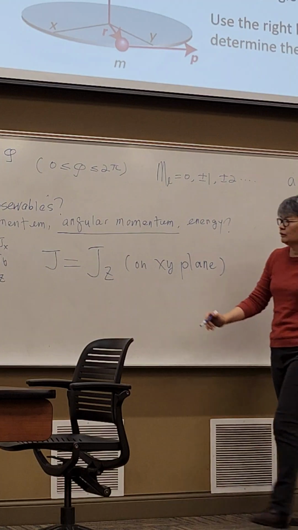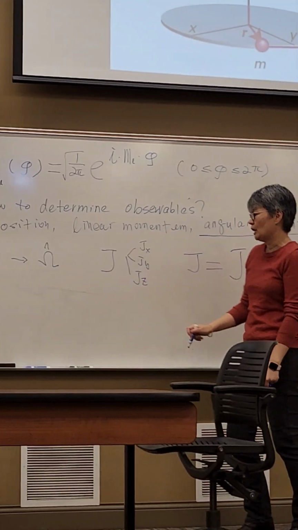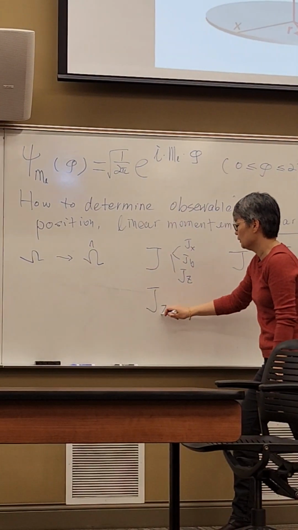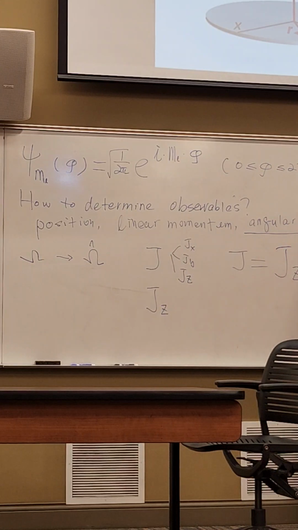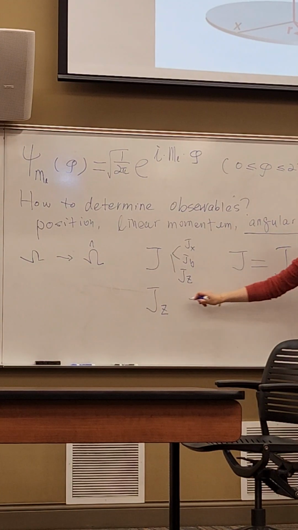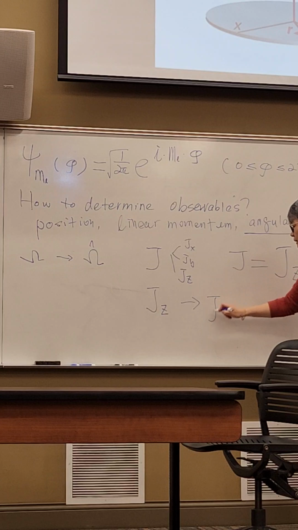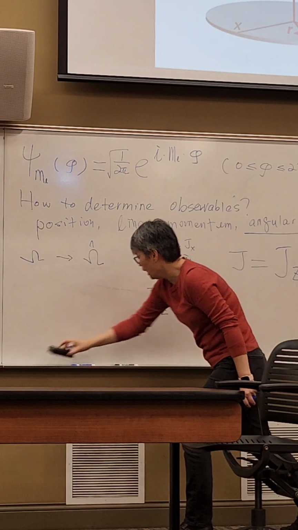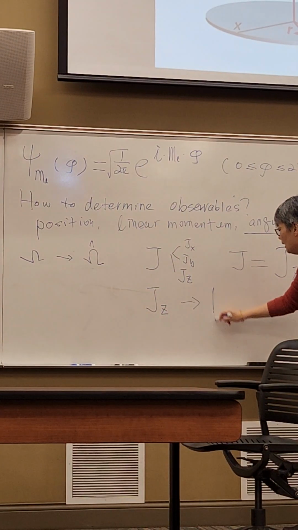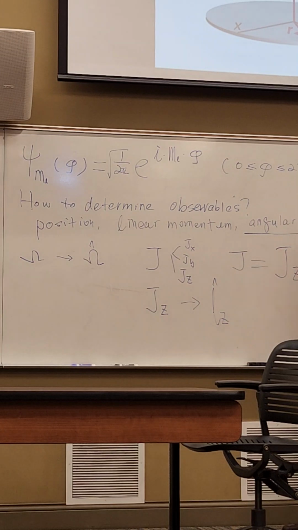Now, we want to know the J. Now we're really reduced to how we're going to calculate J sub z. So we need to generate the operator for that angular momentum in the z-axis. Okay, now what is the operator for the angular momentum in the z-axis?